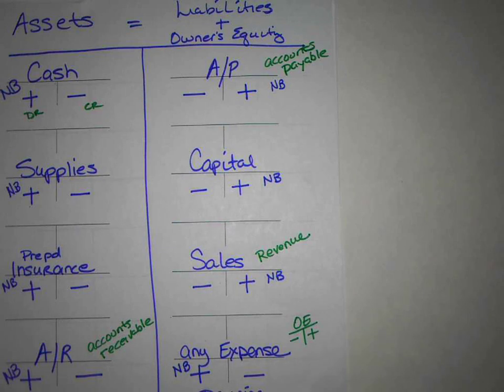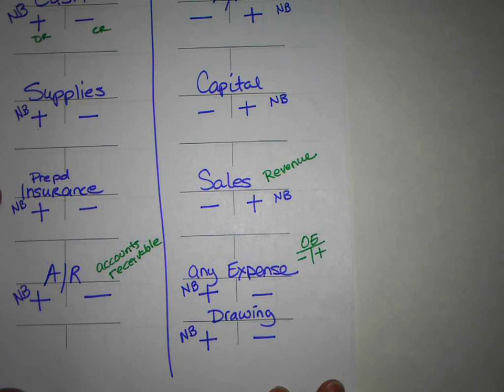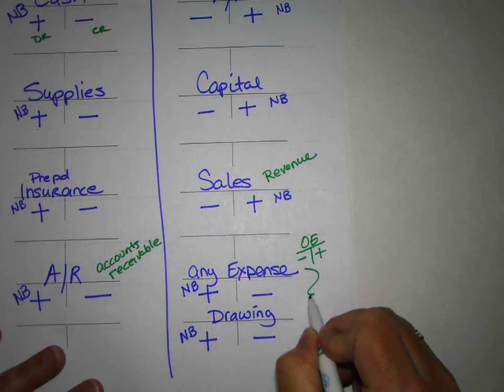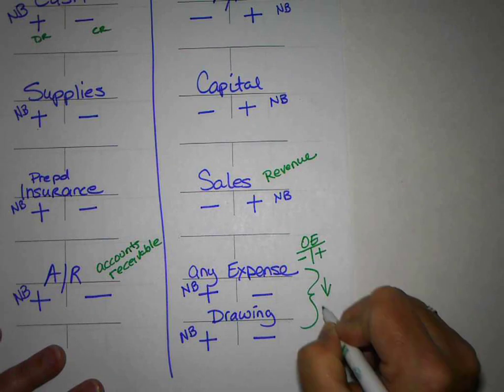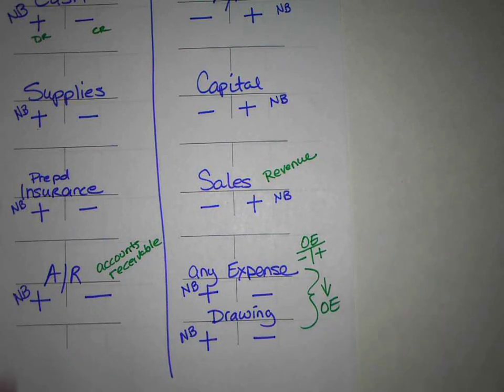So these two are opposite because they are decreasing owner's equity. Let me move that up a little bit so you can see that. And again, we can put a little note out here. Decrease owner's equity, and you've got some notes, and we'll actually come back to this multiple times.